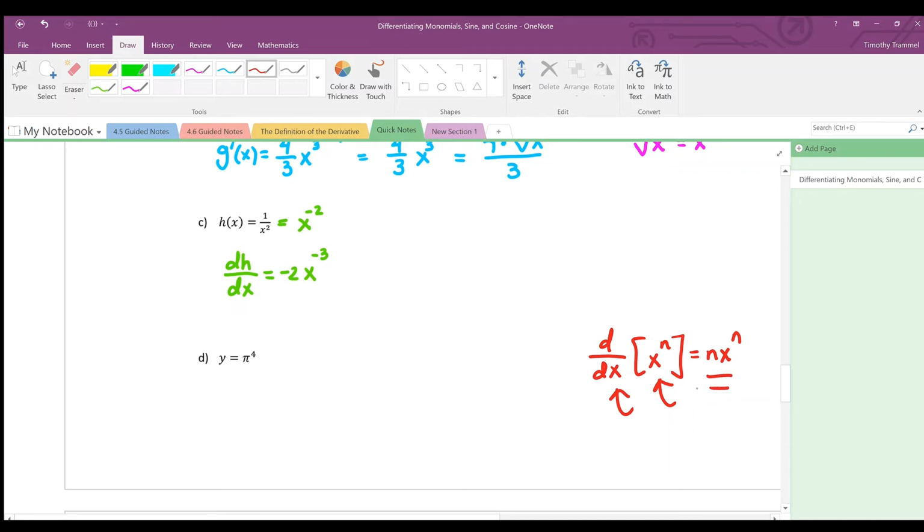Well, if I were to differentiate this one with respect to x, there aren't any x's in this equation, right? Pi is just a constant anyway. So this derivative is 0. Pi to the 4th is a constant. Maybe let's write ourselves a little note here. I'm going to get rid of this though.